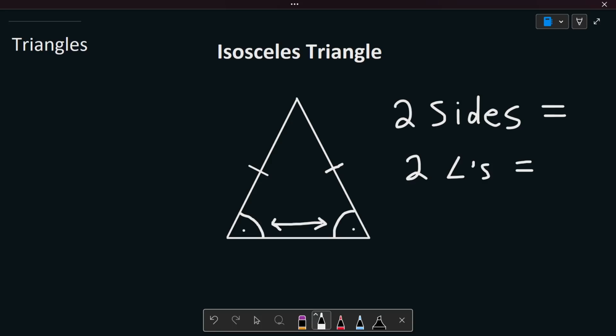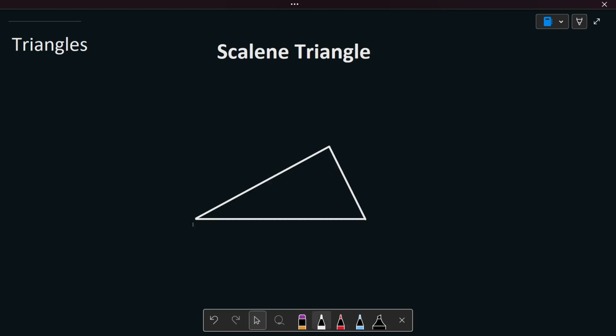Let's go to the next triangle and the last type of triangle we need to know. So this triangle right here is a very funny looking triangle, I'll be honest. Now, what is a scalene triangle? As you can remember, an equilateral triangle is where all three sides are equal and all three angles are equal as well.